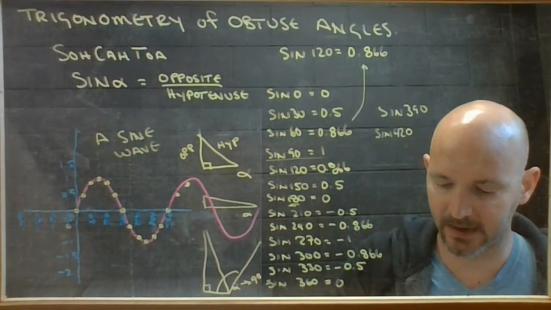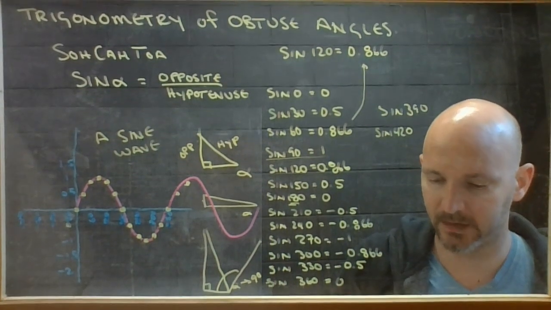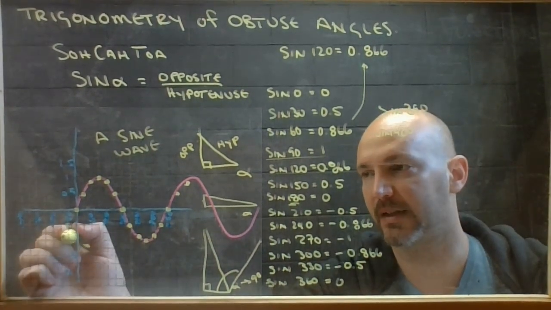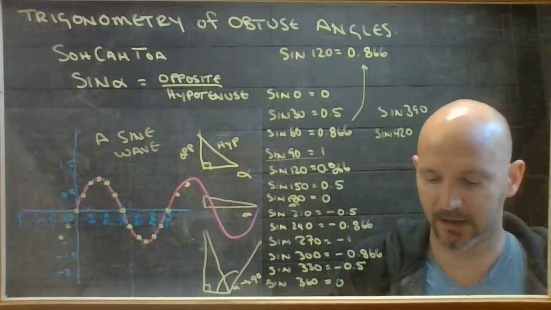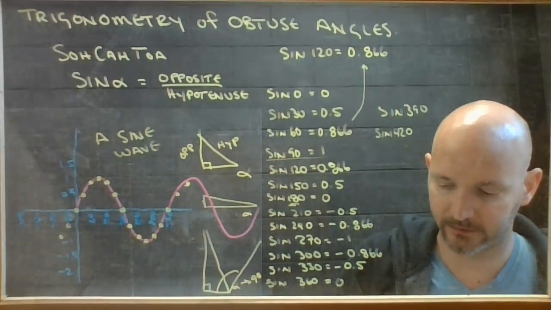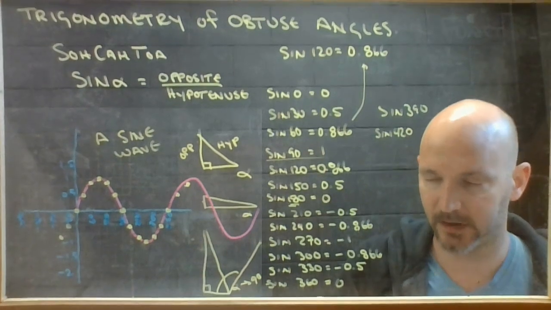Sine of negative 60. I get negative 0.866. Sine of negative 90. I get negative 1.